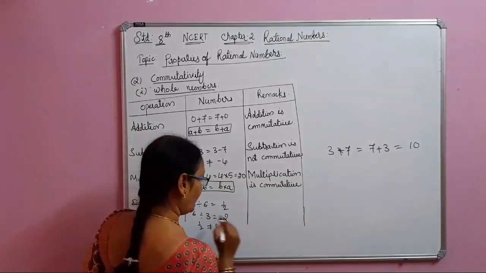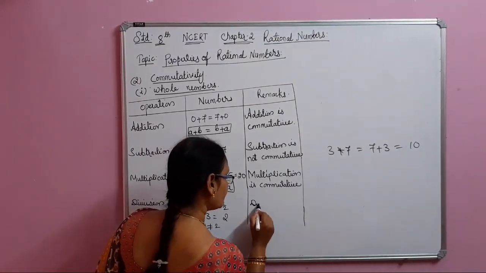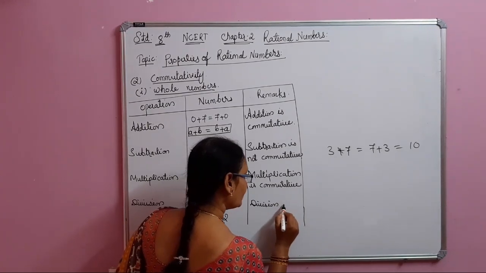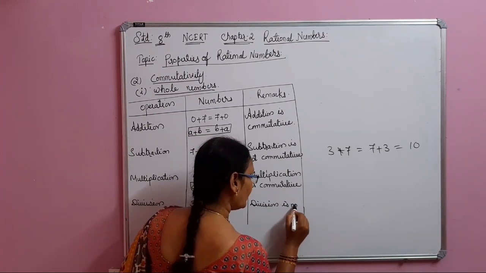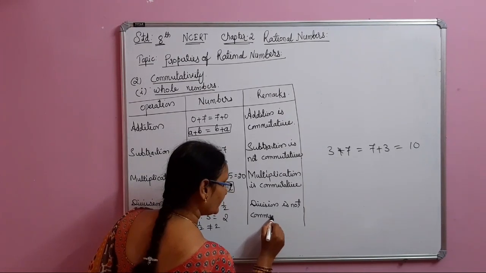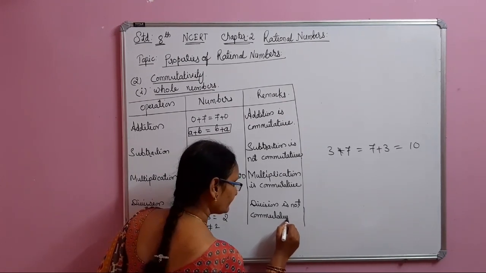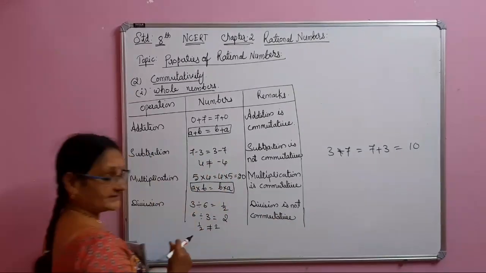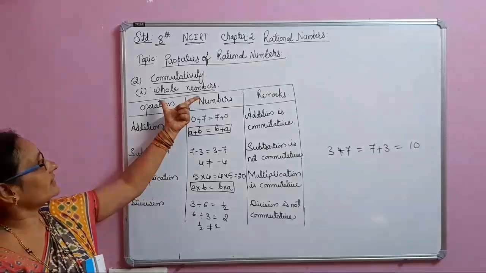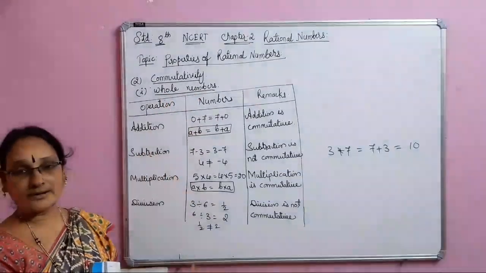What remark can we give by seeing this? Division is not commutative. So this is the commutativity we have just tested for the whole numbers.